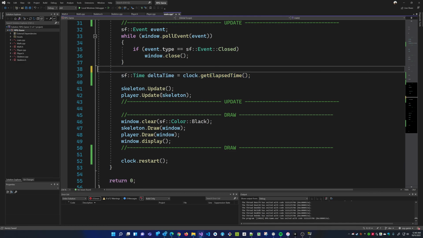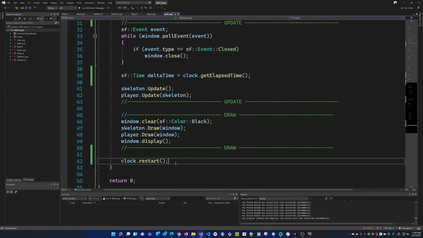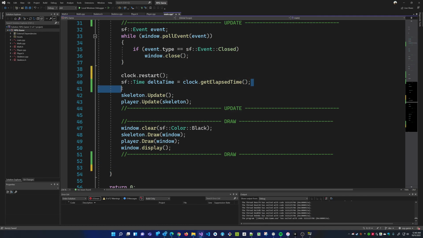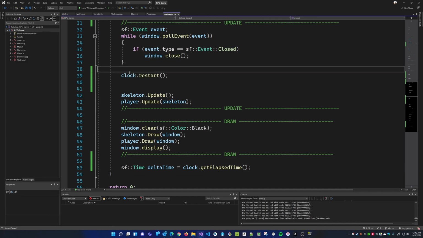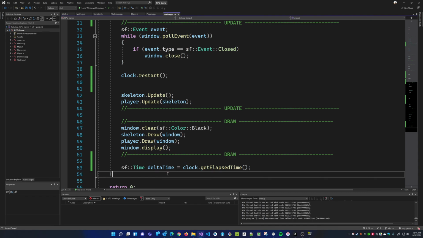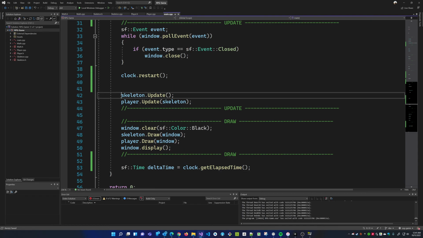No, that's very bad. Okay, so hold on. If I restart this here, and I get my elapsed time, that basically says, hey, reset the clock here, execute all this, and then finally measure my delta time, right? The problem with that is I would like to use my delta time in an update.